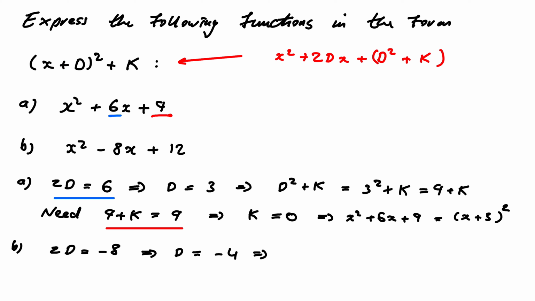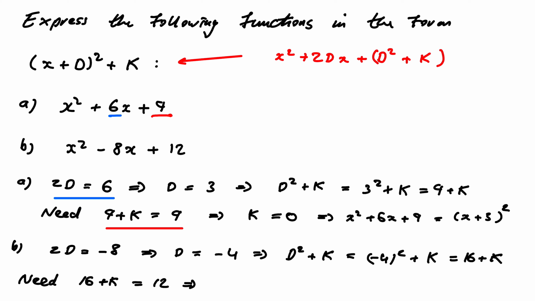So then let's work out the constant piece. d squared plus k is equal to (minus 4) squared plus k, which is equal to 16 plus k. So what do we need? We need 16 plus k to be equal to 12, which implies k has to be equal to 12 minus 16, which is minus 4.